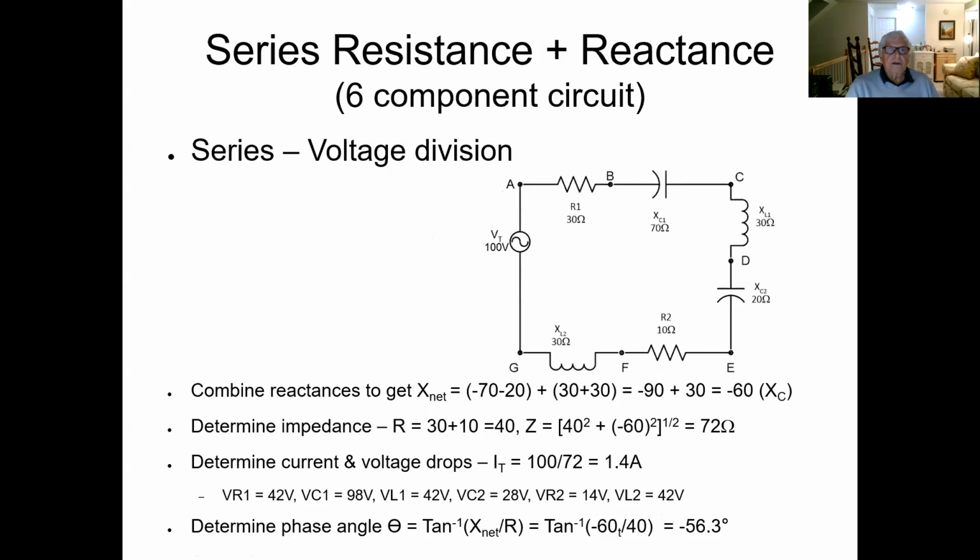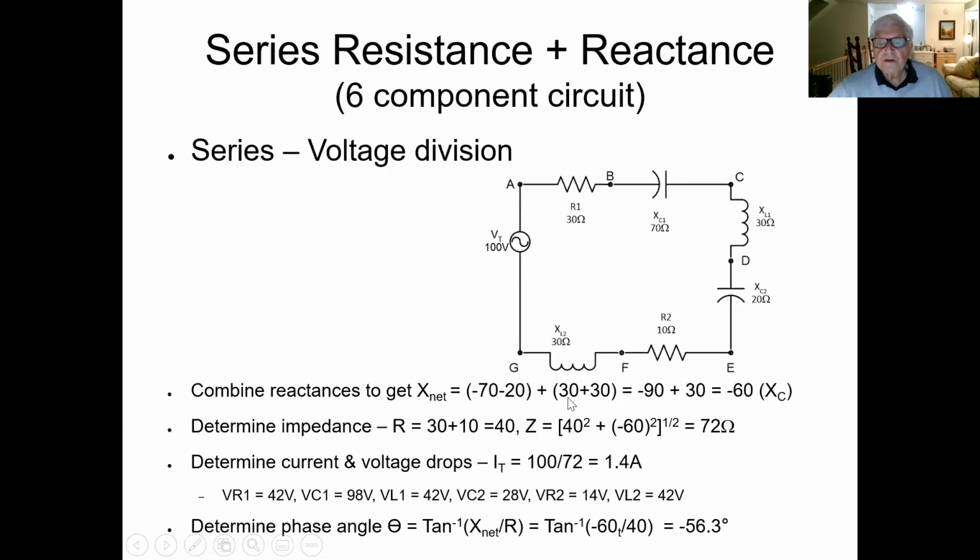If we have a more complicated one, do the same thing. Add up all the resistor values, add up all the inductive values, no, capacitive values. Okay, well, let's see what we have. X net. Okay, we've got minus 70 is the first one, and minus 20, giving us minus 90.